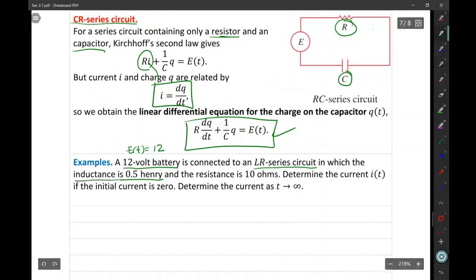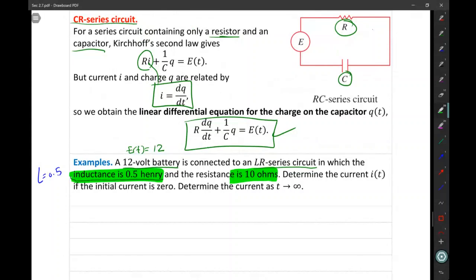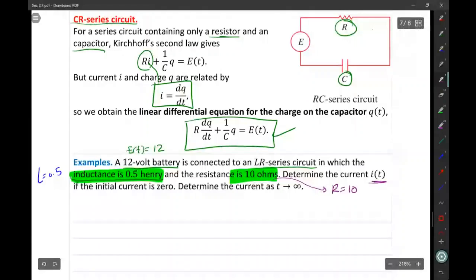The inductance here means L, so L is equal to 0.5. The resistance is 10 ohms, which means R is equal to 10. The question says determine the current I of t if the initial current is 0. I mean here the initial current is 0, so I of 0 is equal to 0.